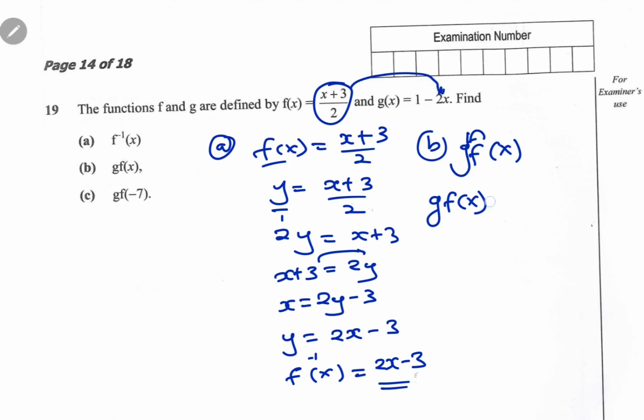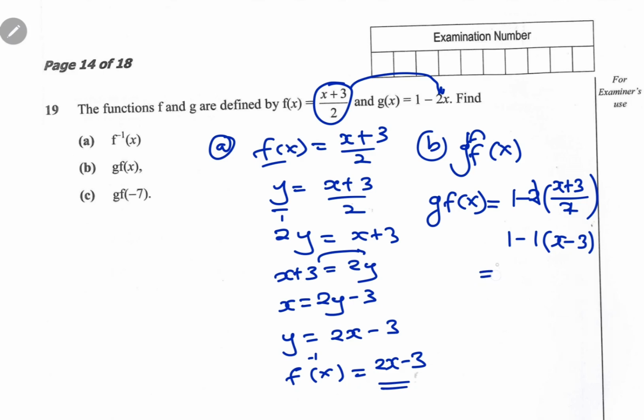That's what it means. So you're going to have 1 minus 2 times x plus 3 over 2. So this and this can cancel. We are remaining with 1 minus 1 times x minus 3.